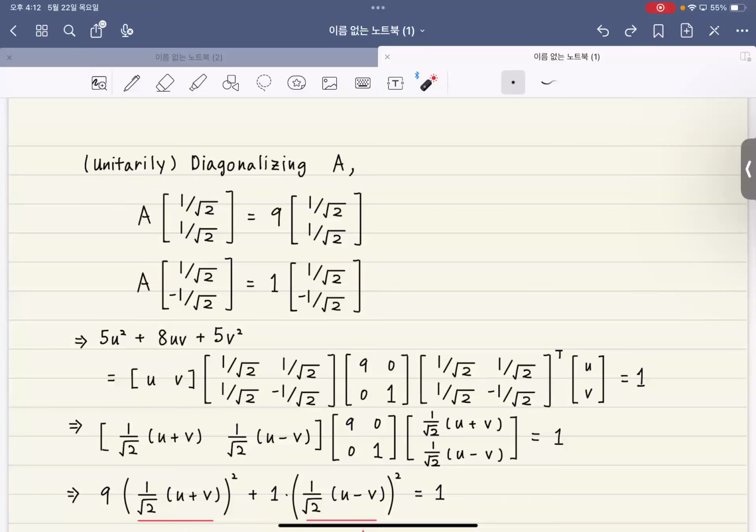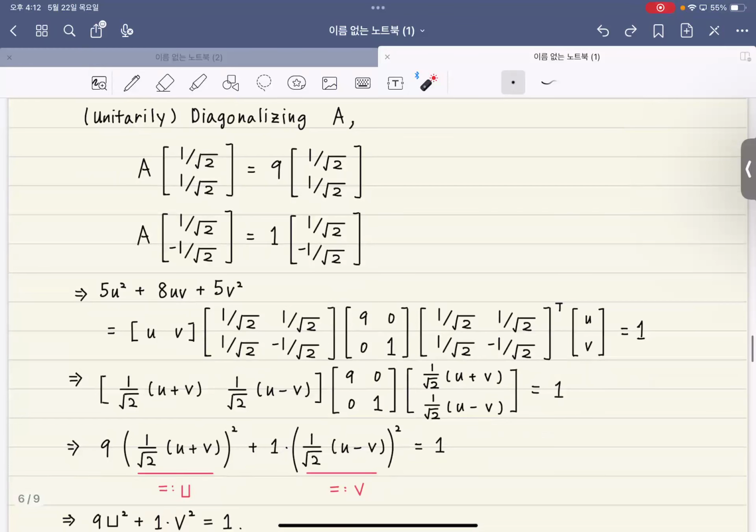Now things are getting interesting. This middle matrix just carries over down there, and I multiply this row vector by this matrix.